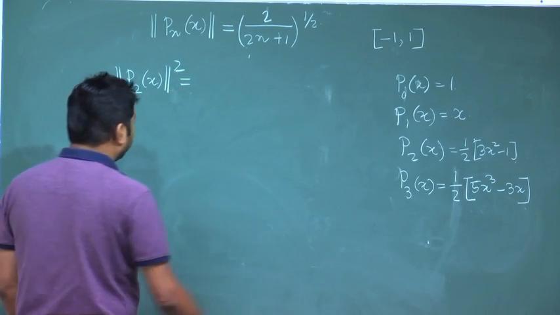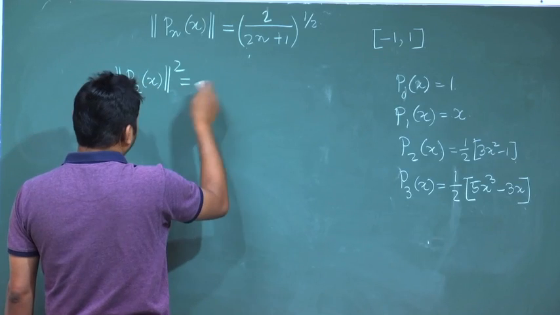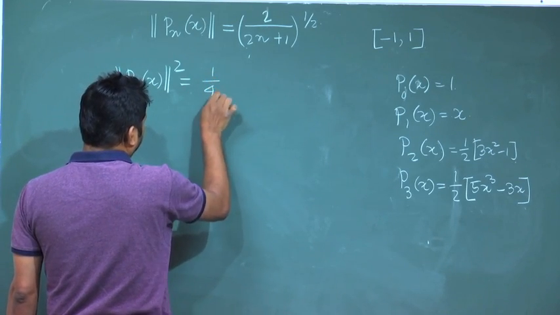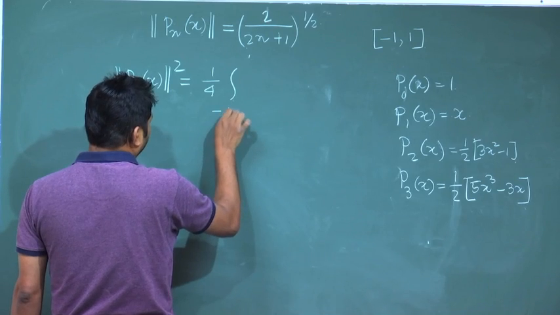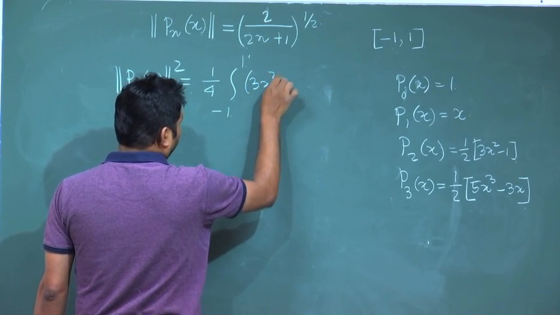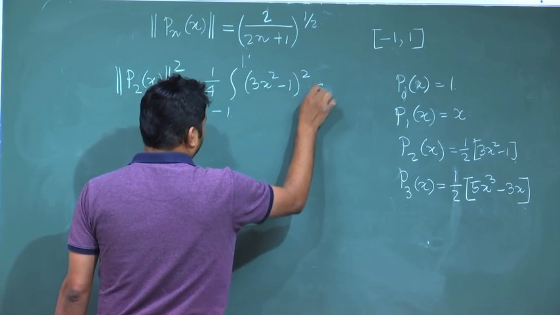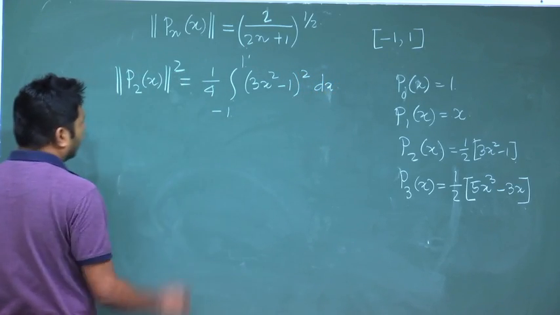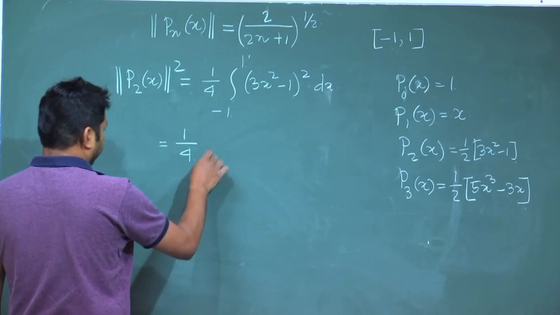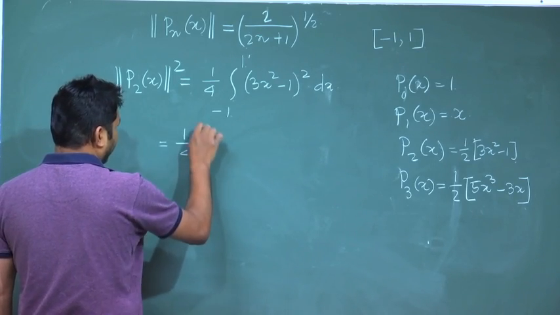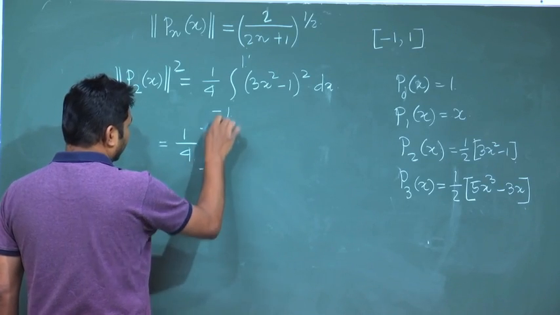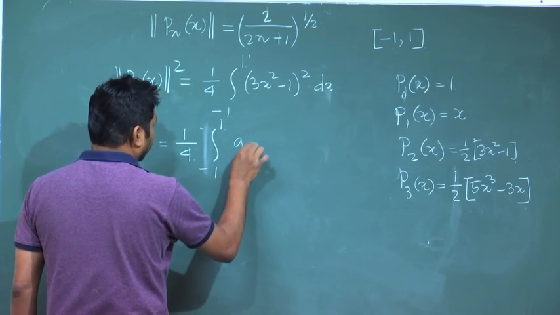So, again I am doing the same thing. When I make a square of this quantity, 1 by 4 will come outside, the integral from minus 1 to 1 of (3x square minus 1) square dx. So, it will be 1 by 4. Now, the integration from minus 1 to 1.